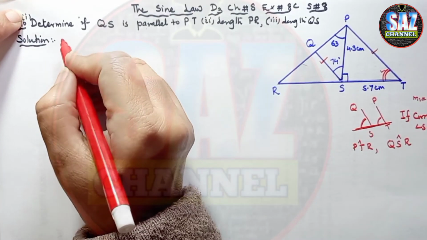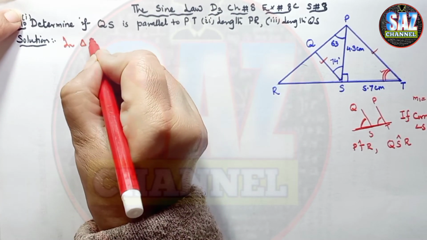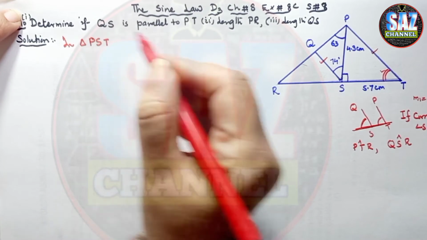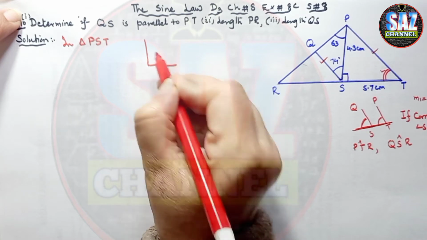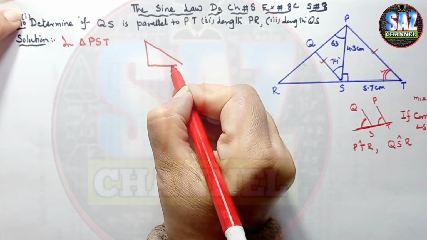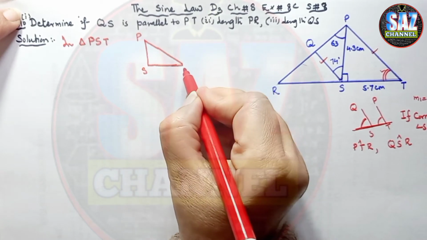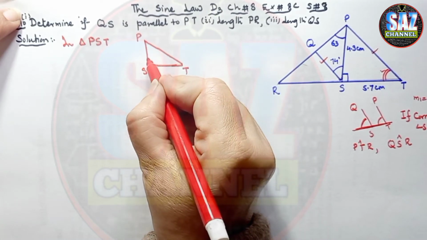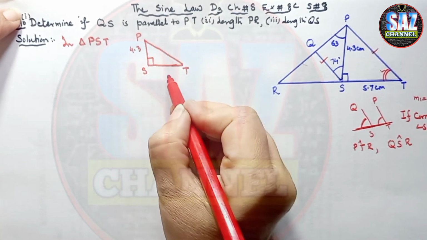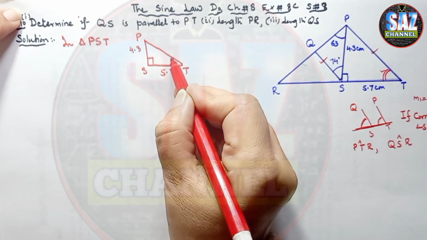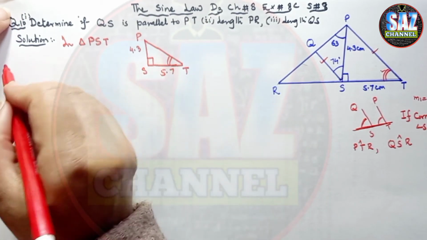In triangle PST, let me make a small drawing here, a small triangle, so that my students can understand this lesson easily. All efforts are to support and facilitate my students in the crucial period of COVID-19. This is 4.3 and this is 5.7, and I need to find angle PTS.